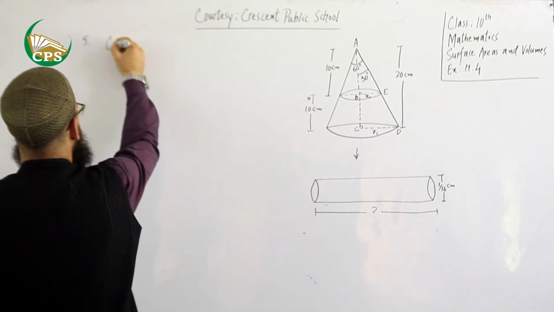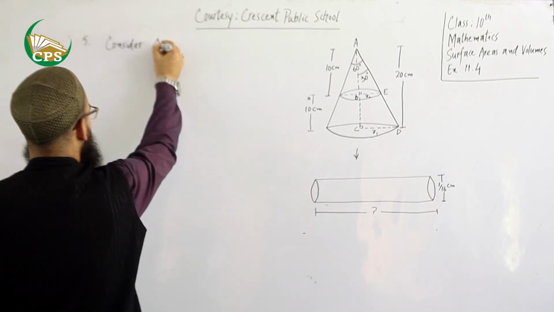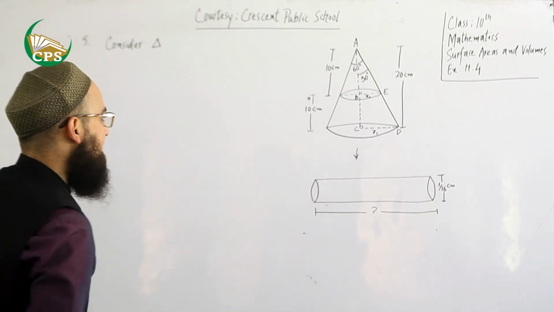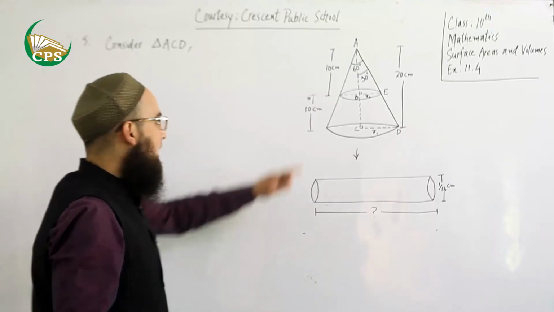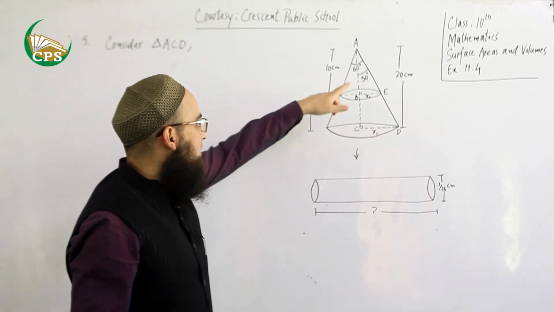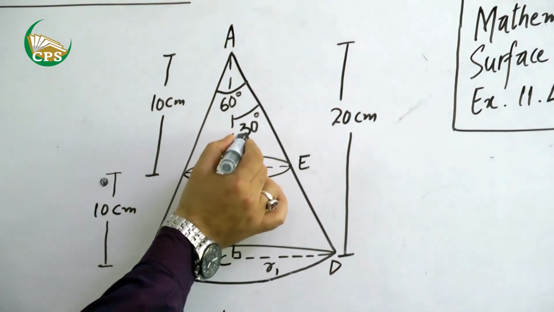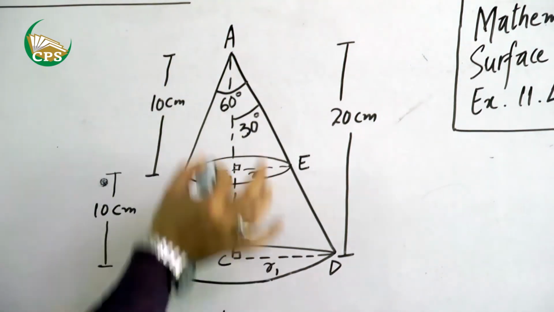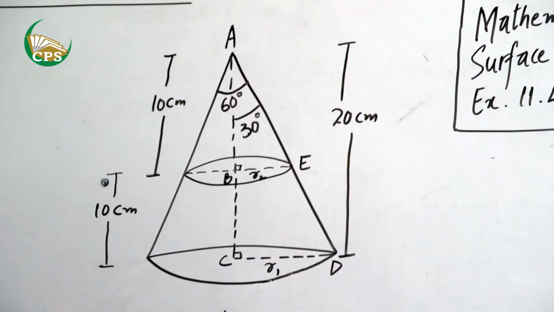Consider triangle ACD. Since it's a right angle triangle, and the angle is 30 degree here, the side opposite to 30 degree is CD, the side adjacent to 30 degree is AC, and the hypotenuse is AD.